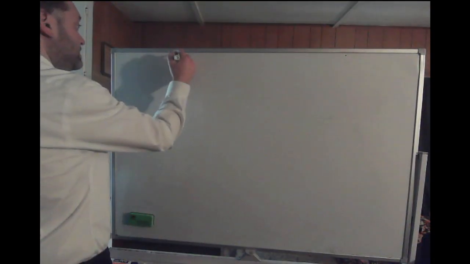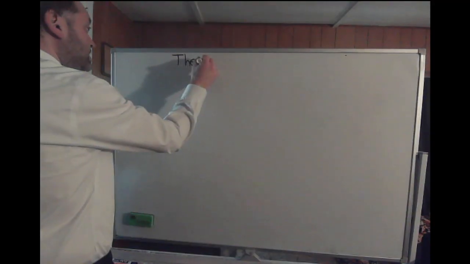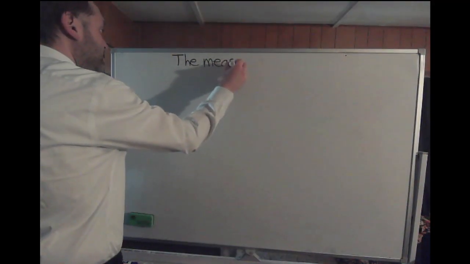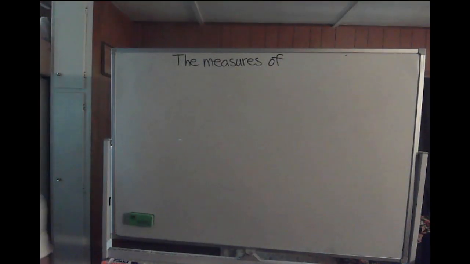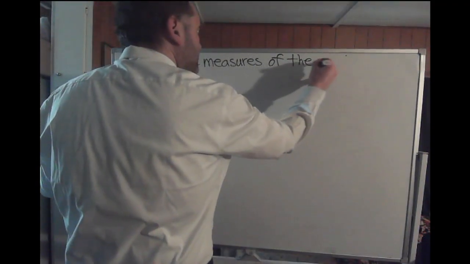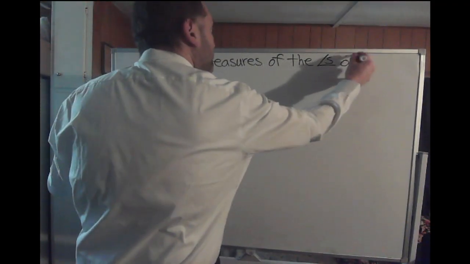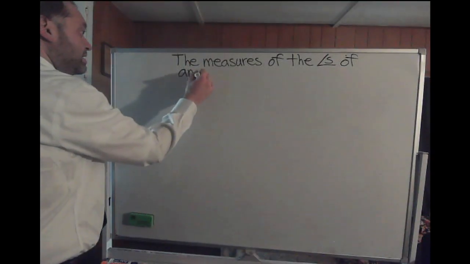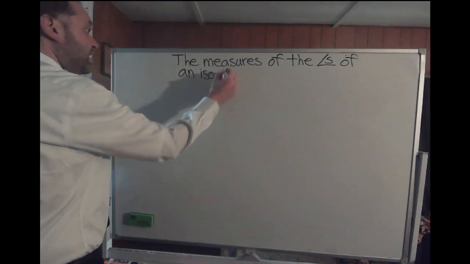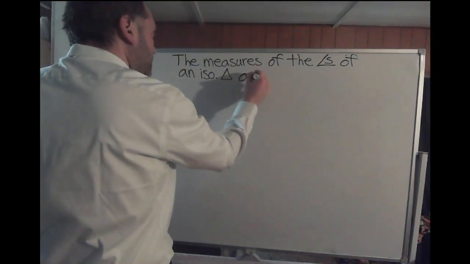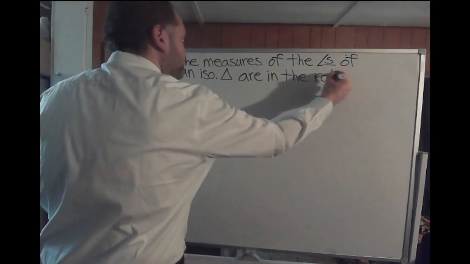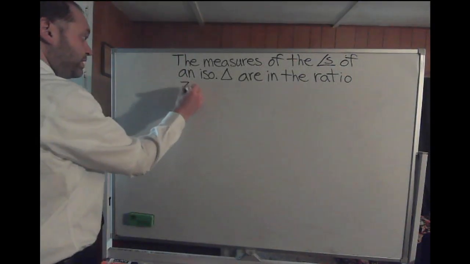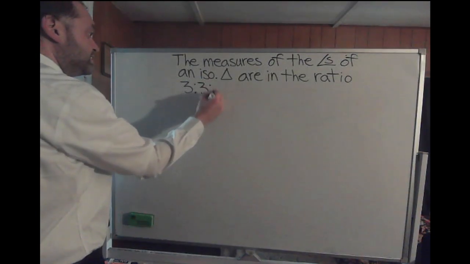Let's see. The measures of the angles of an isosceles triangle are in the ratio 3 to 3 to 2.